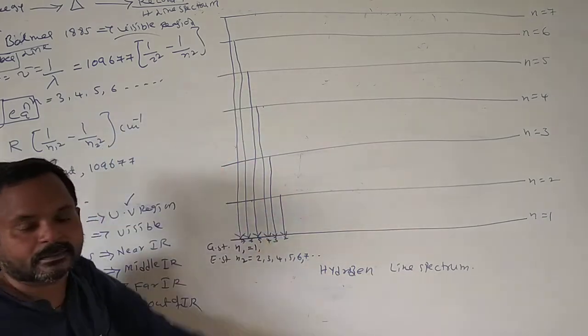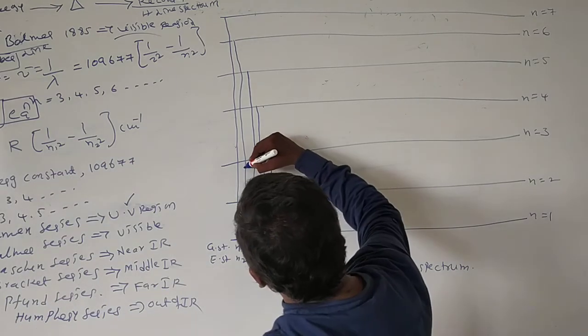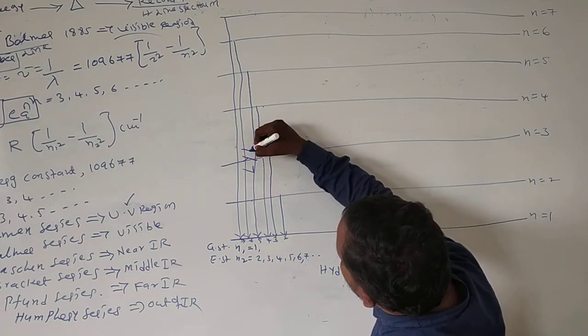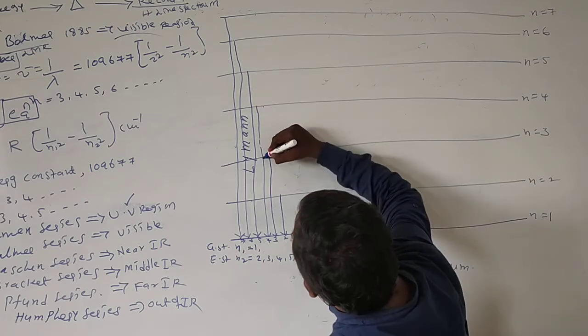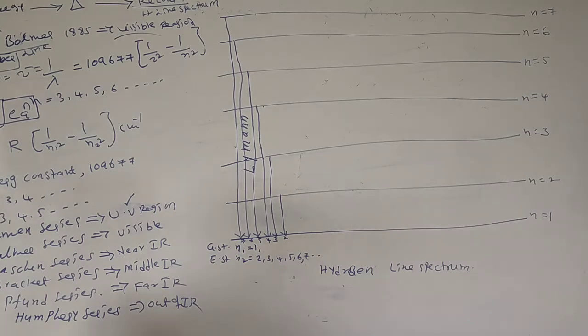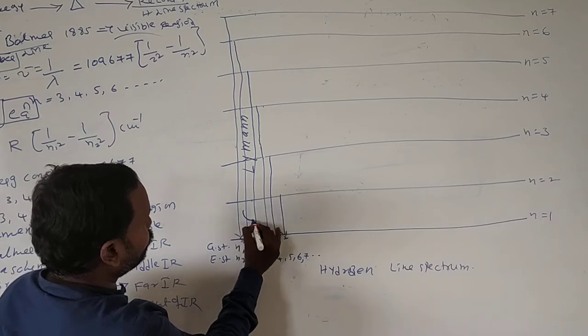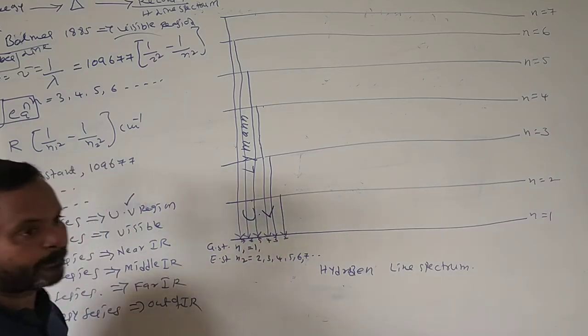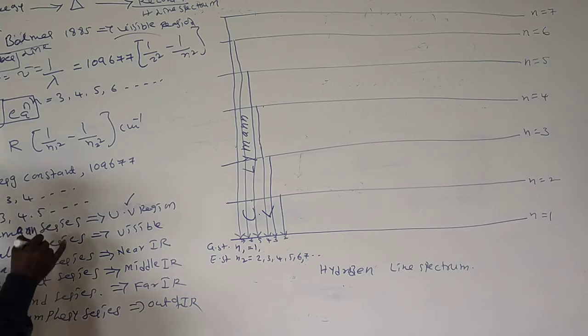This series of lines we call Lyman series. Here I am writing L Y M A N, Lyman series. This is observed at the UV region. Lyman or Layman, both are the same.